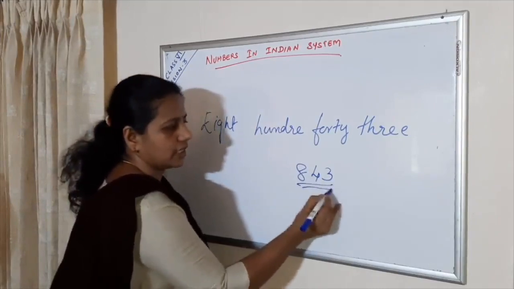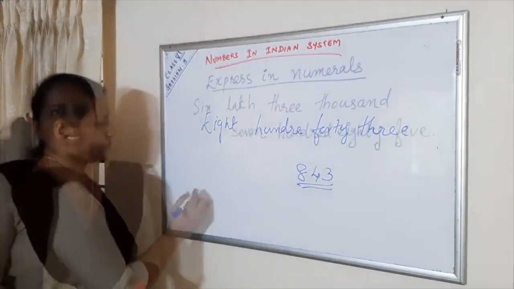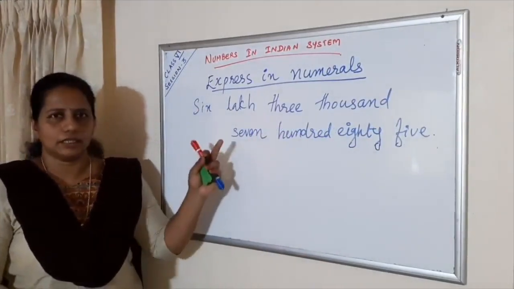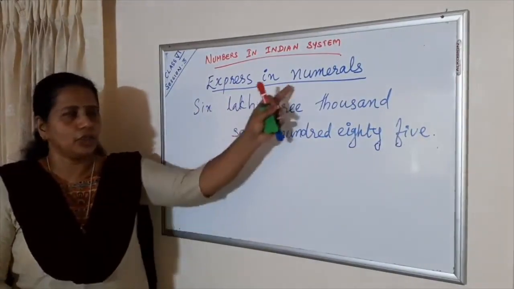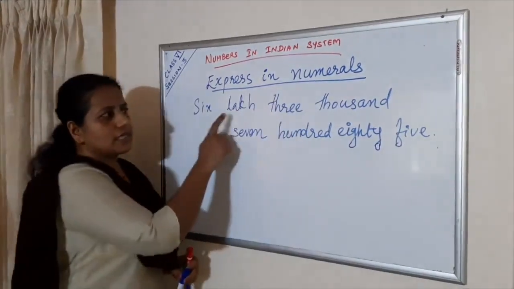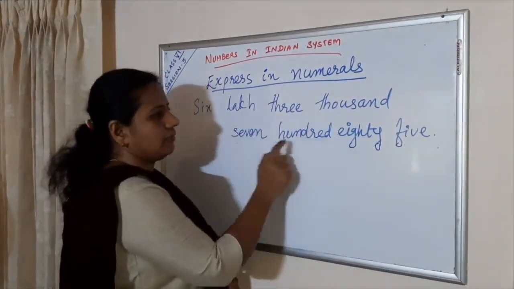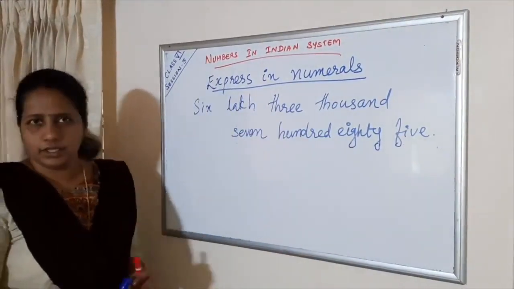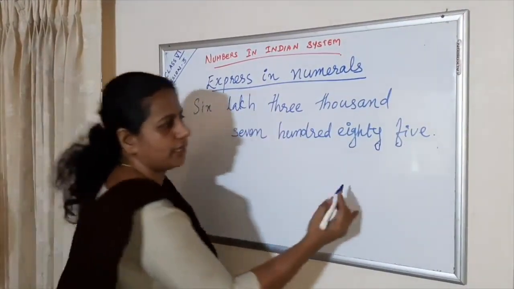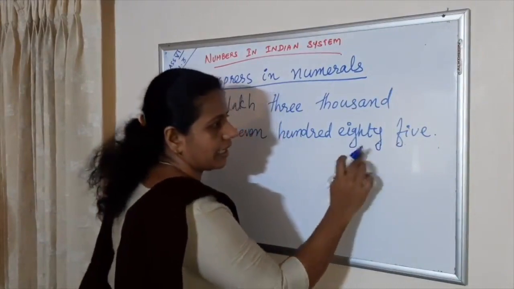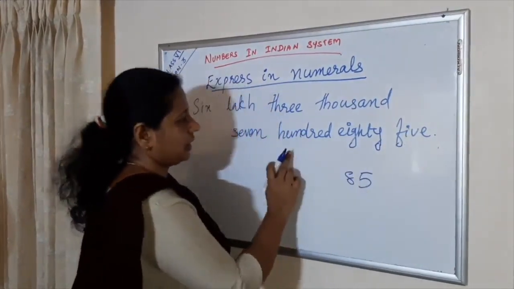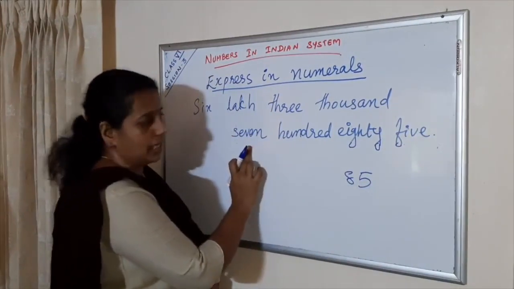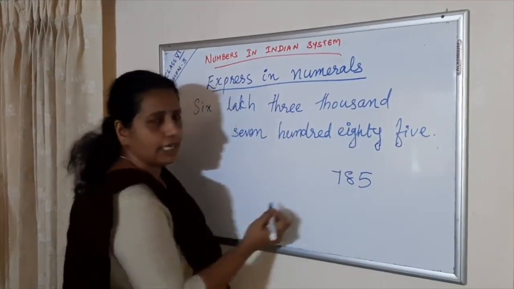So 843. Next, how to express a given number in numerals. 6,03,785 is given. First one 5. Then next one 85, because 8 is in the tens place. 7 is in the hundreds place, 785.